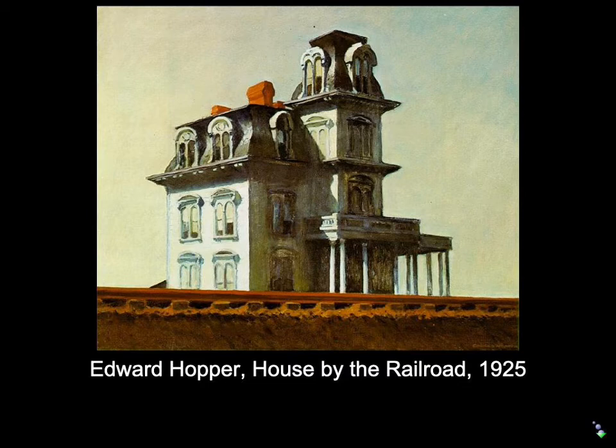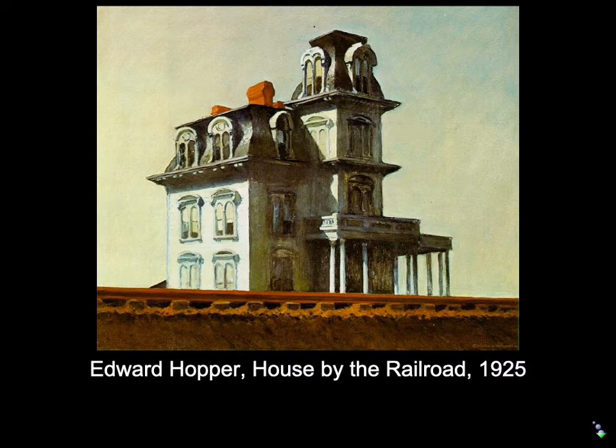But then all of that, which in a way should be inviting, you want to go into a house and dwell there, all of that is cut off from us by this railroad track that slices across the bottom of the composition, edge to edge, and creates a barrier for us. In fact, we cannot even visually get on the front porch. The front steps and porch are eliminated from our view.